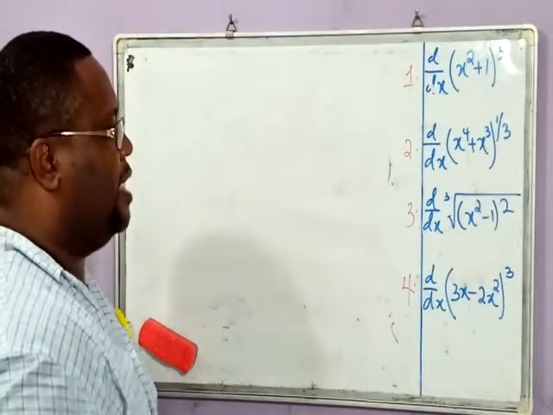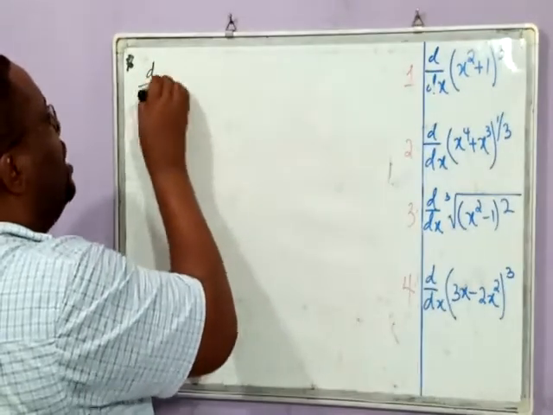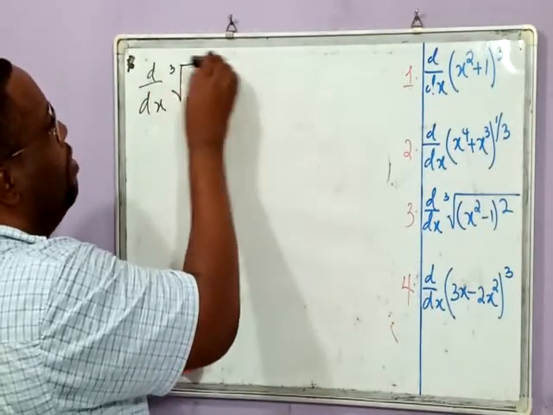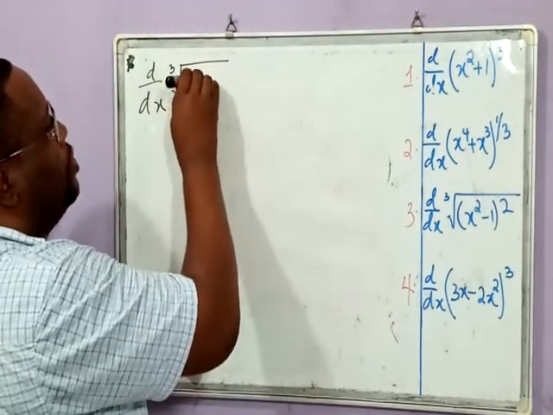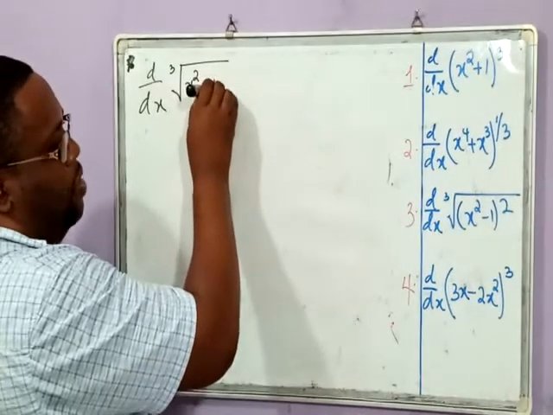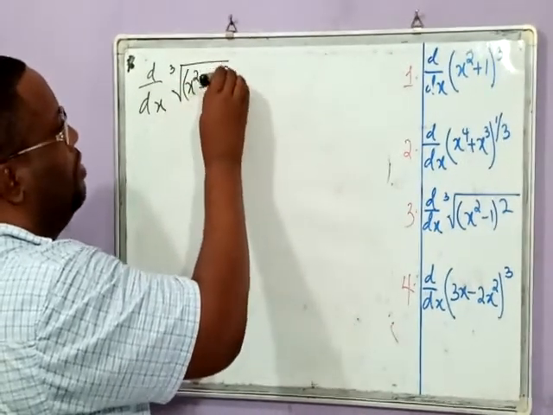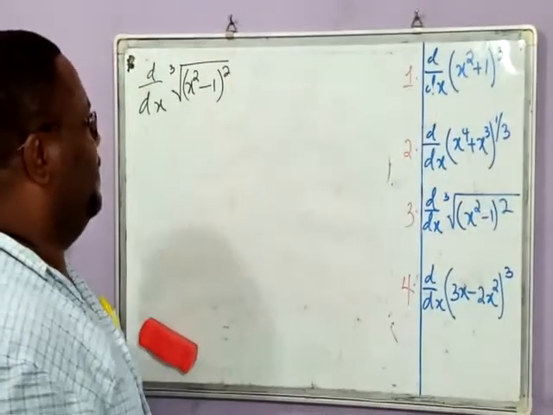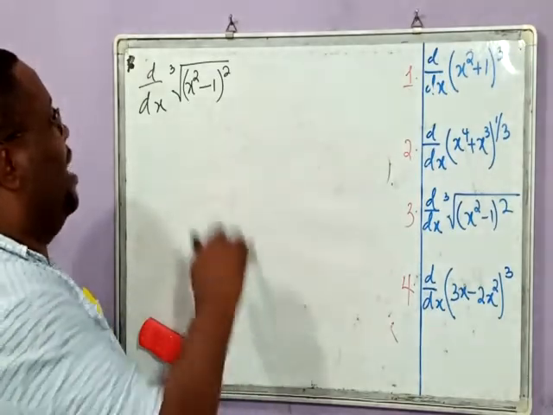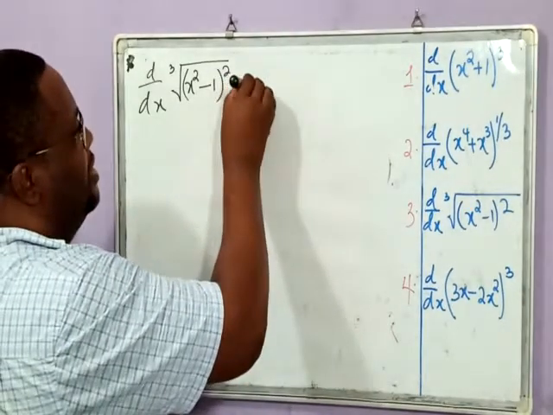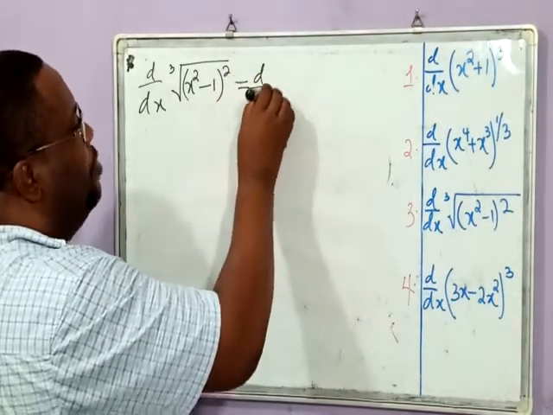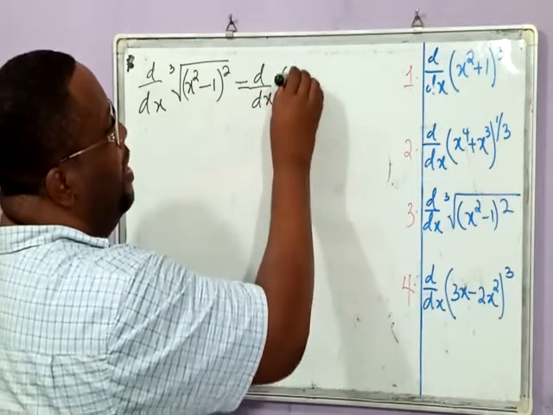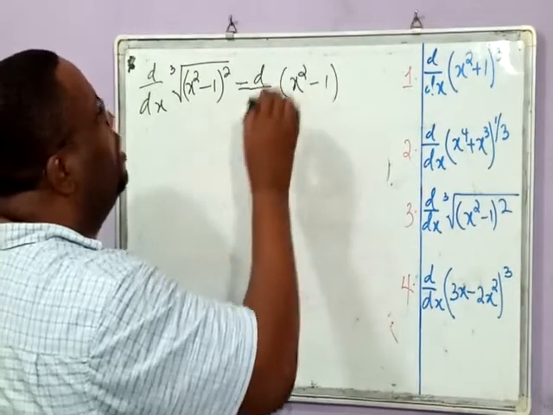Alright, so we are asked to differentiate d by dx of the cube root of x squared minus 1, all squared. What do we do? Now from indices, this is the same thing as differentiating with respect to x, x squared minus 1.